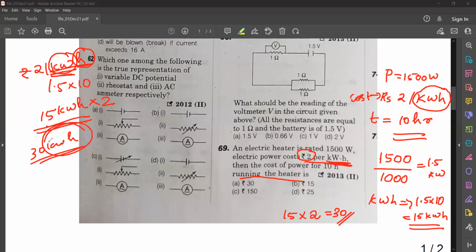So remember to convert this, otherwise your answer will go wrong. Rupees 30, option A. So moving to the next problem.